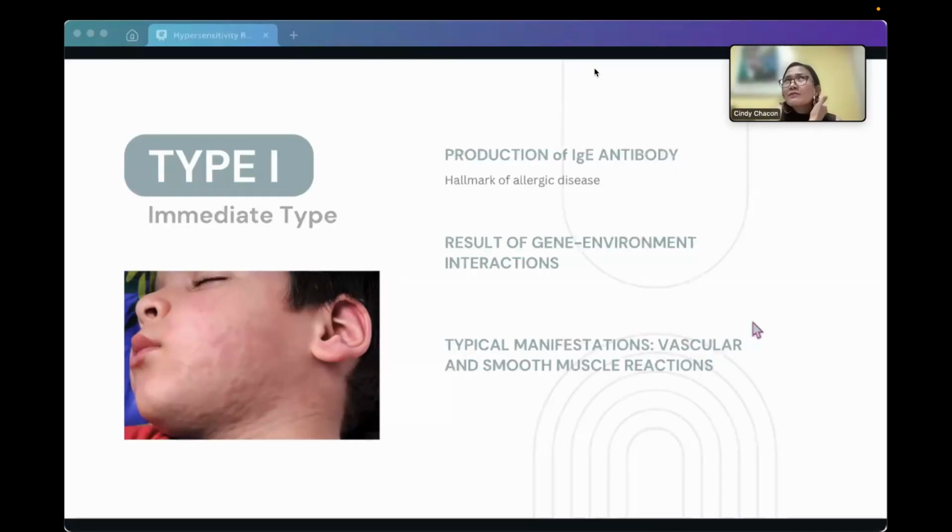In the past few years, the fact that genes are somehow being altered because of environmental exposures is already being entertained. That is why there are already patients who have no family histories of allergic disease but eventually develop these disorders.